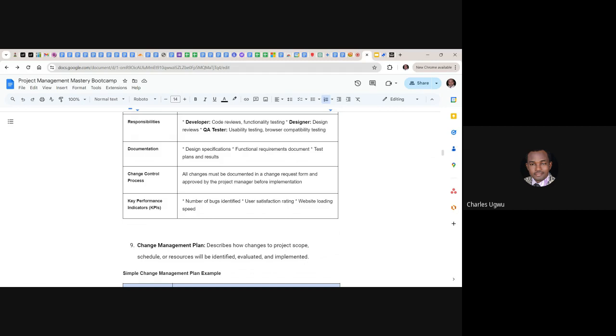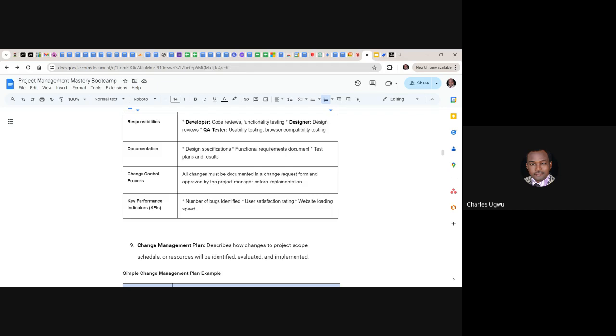And the website loading speed, you need to count the speed time. How many minutes or seconds is it taking? Let's say you give it a rate of 1 to 30 seconds.